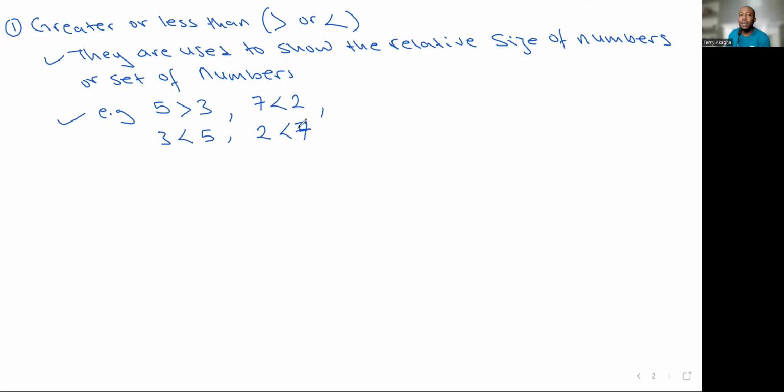So like I always say, the bigger number is always on the wider part, and the smaller number is always on the what? The pointed part there. Number 2, we have greater and equal, or less than and equal.